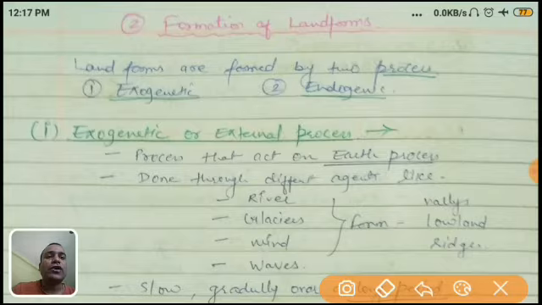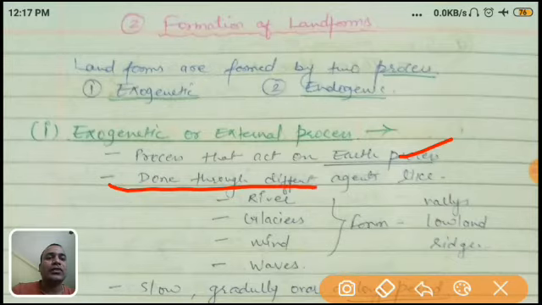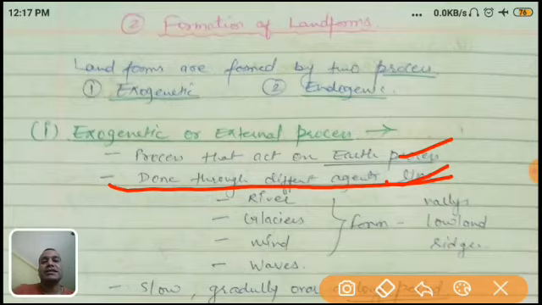These are processes that act on the earth's surface, done through different agents. How are landforms formed by this exogenic process? By different agents. What are agents? They are the ones helping to do the work.